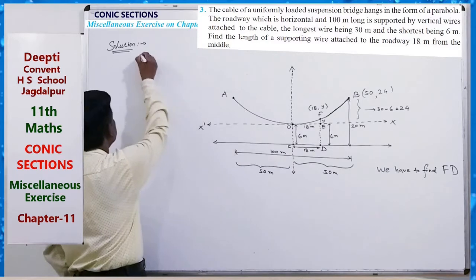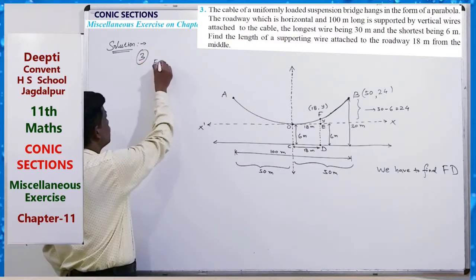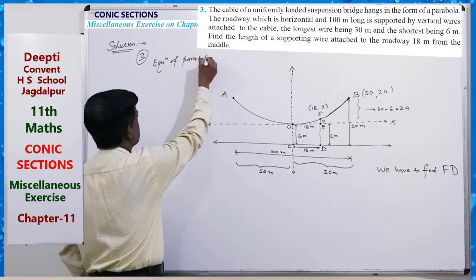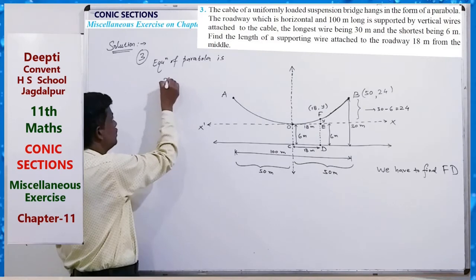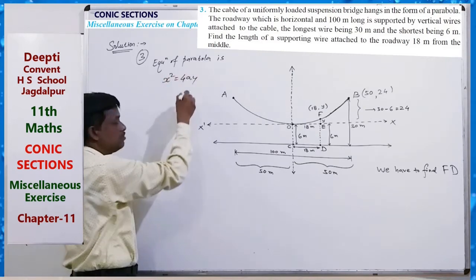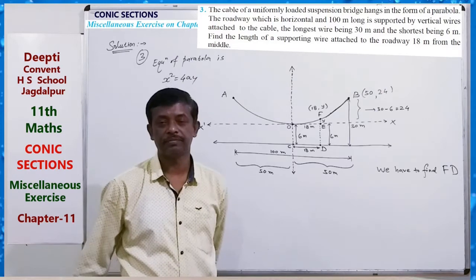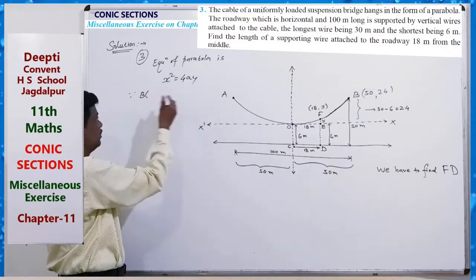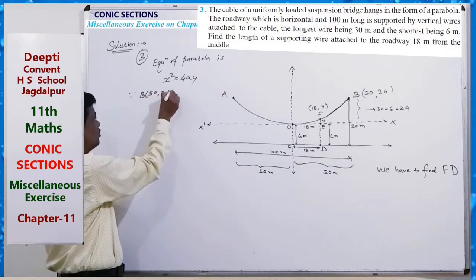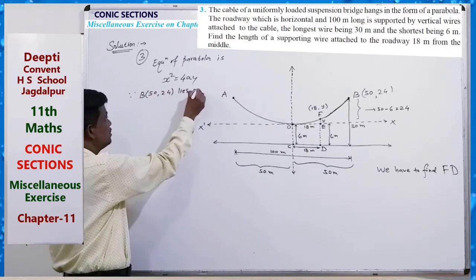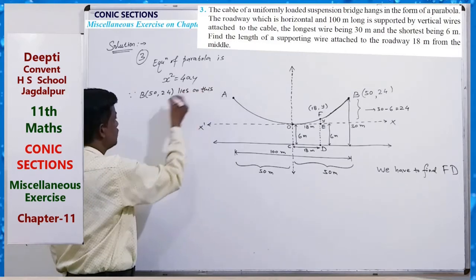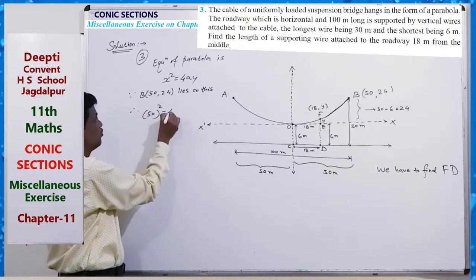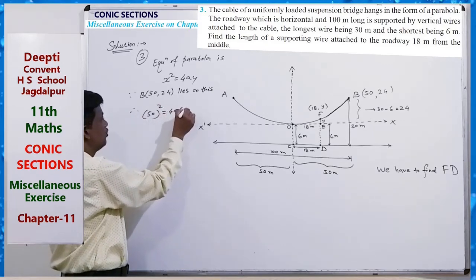So the equation of the parabola is x square equals 4ay, an upward parabola. Since B (50, 24) lies on this, therefore 50 square equals 4a times 24.